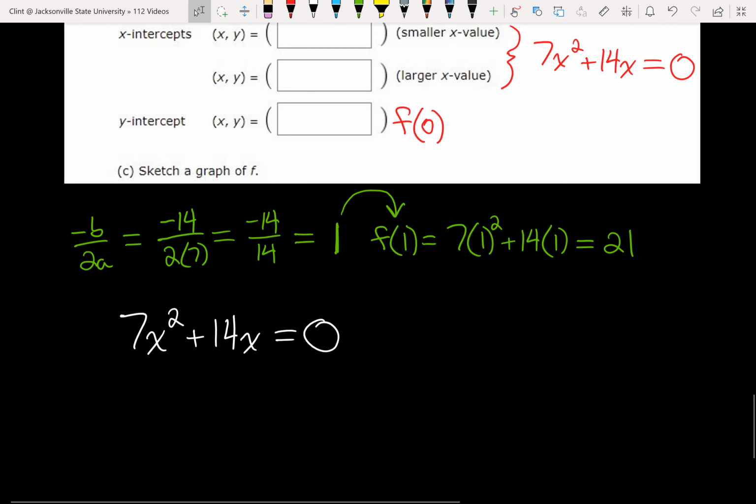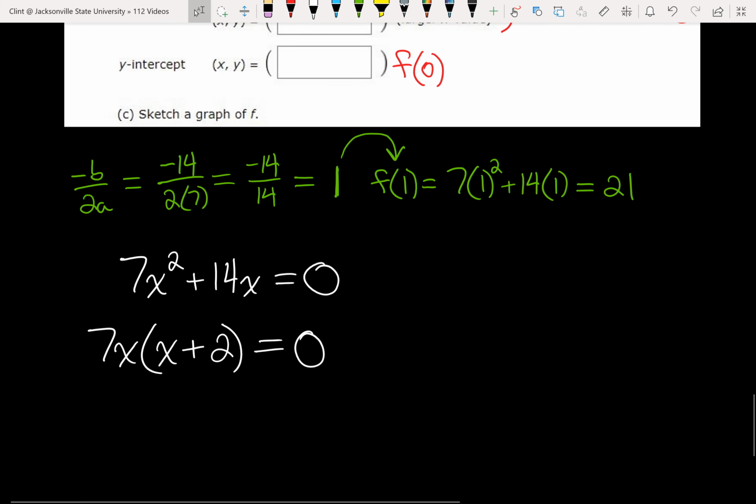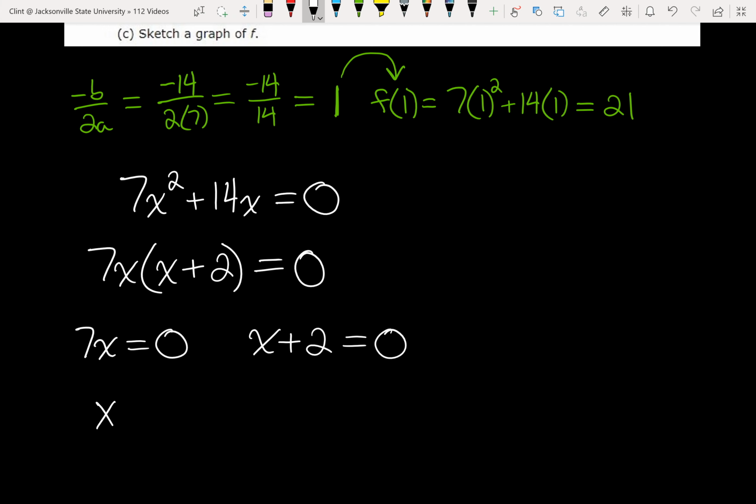One of those is factoring, and here we can factor out a common factor of 7x, and that makes this one pretty easy. Once we factor, we set each one equal to 0 and solve. 7x equals 0, x plus 2 equals 0. Here we divide both sides by 7, we get x equals 0. Here we subtract 2 from both sides.